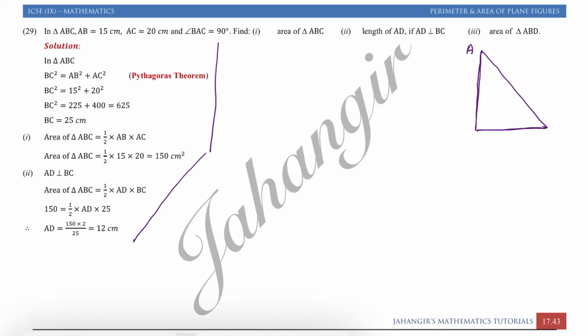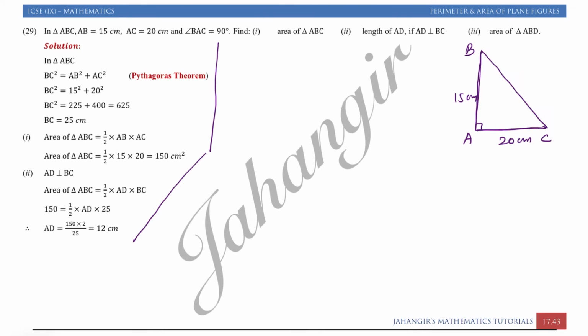Angle A is 90 degree, so I can write BAC, this is 90 degree. AC is given as 20 centimeter, AB is given as 15 centimeter.